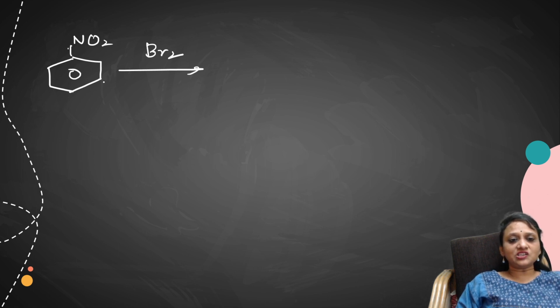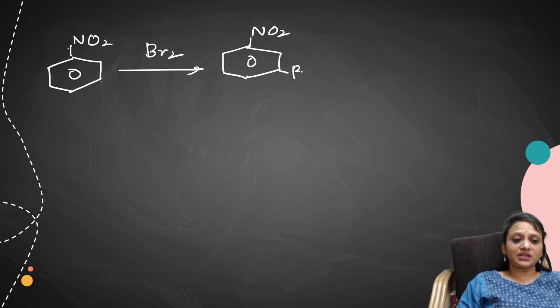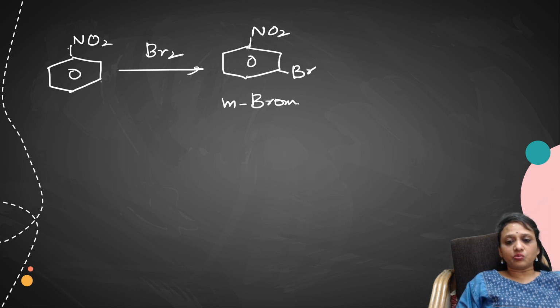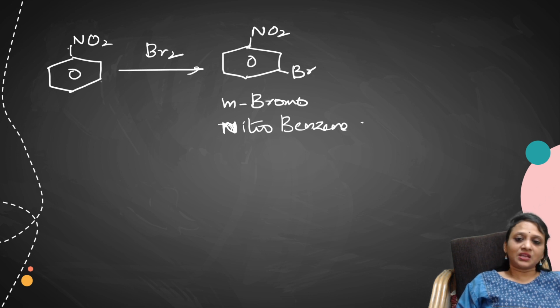It will direct the bromine to the meta position. Remember. So I'm going to get NO2 and meta-bromine. This is meta-bromo-nitrobenzene. Correct, students? This is compound C.